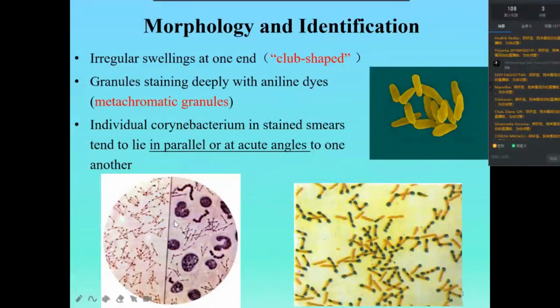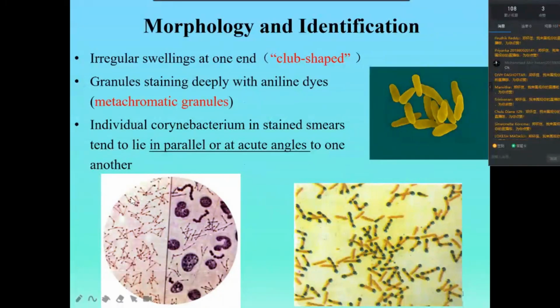And when you make a smear and check it with a light microscope, you can see that the Corynebacterium usually stay in parallel or at acute angles, like this.